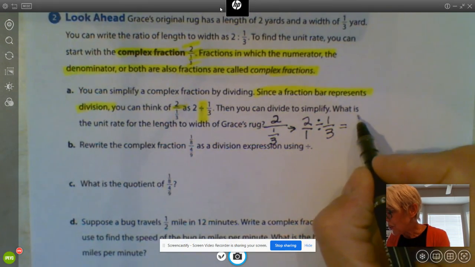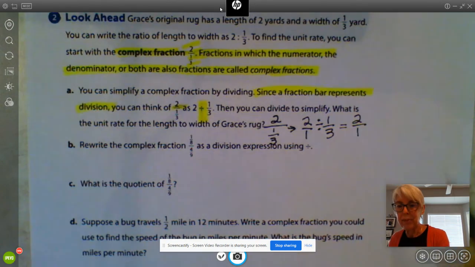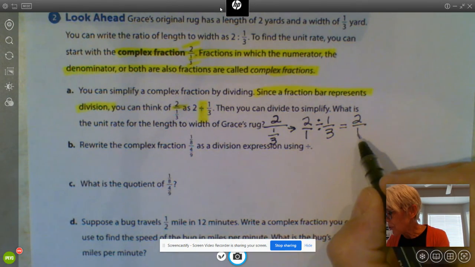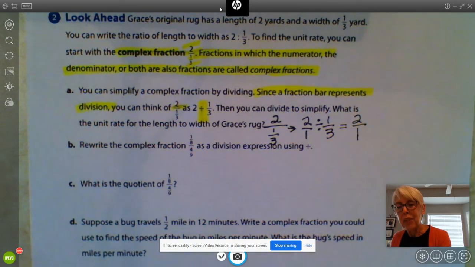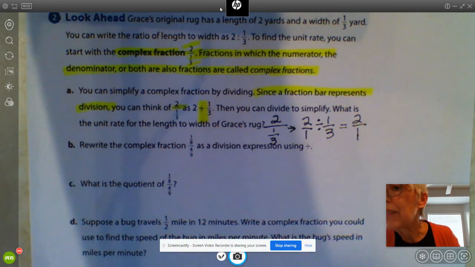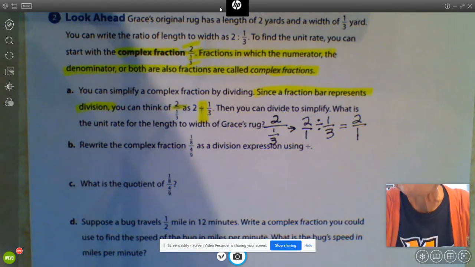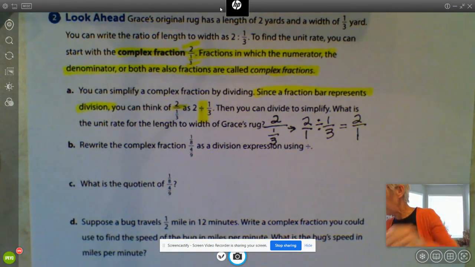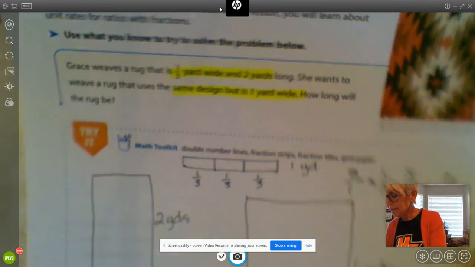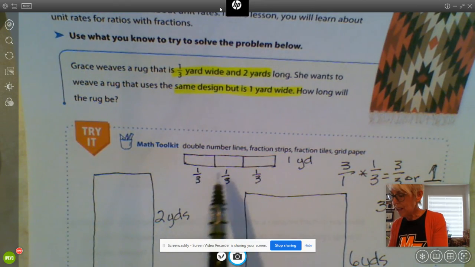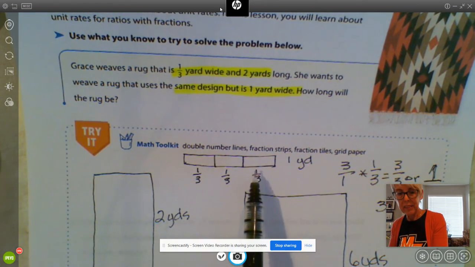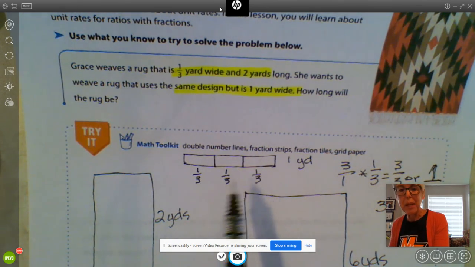Now I'm going to leave my first fraction exactly the same, 2 over 1. And when I divide something into thirds, it's the same as multiplying by 3. Remember, let's see if I've got this handy. Oh, right here. When I divided this into thirds, my one piece now has 3 parts to it.